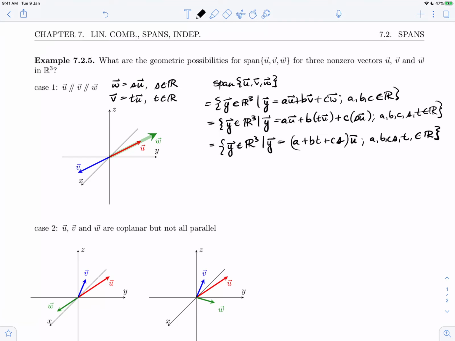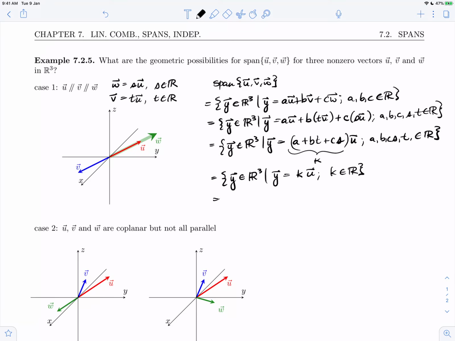If these are all just real numbers, combining them this way just makes another real number. So since a, b, c, s, and t are arbitrary, we can just call this some arbitrary number k. So the span of u, v, and w is all vectors y such that y can be written as k times vector u for some k in the real numbers.